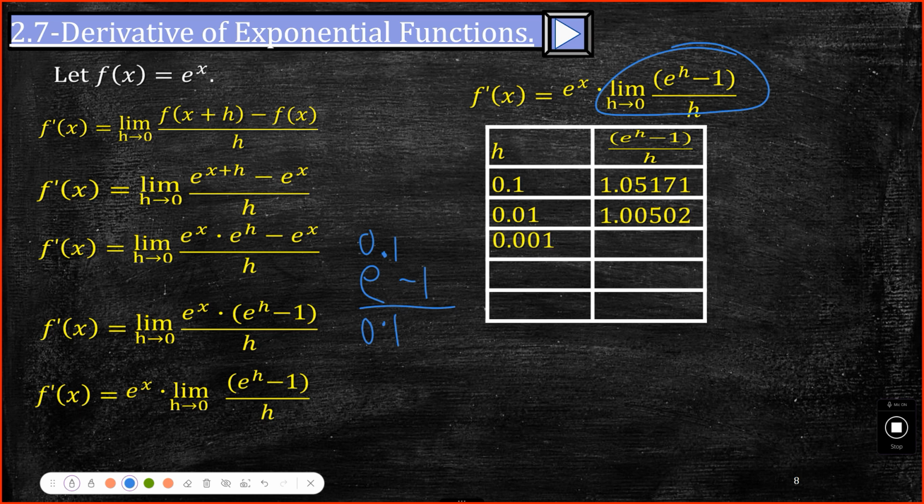Let's go. Well, let me give you, because you've got to move on. 0.001 is going to give you that, 0.0001 is going to give you that, and 0.00001 is going to give you what? Write those numbers down, and let's finish up with that 0.00001.